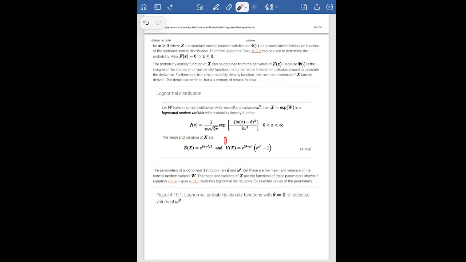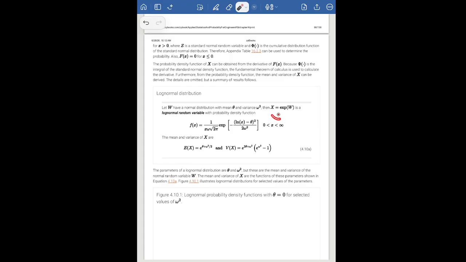You're effectively putting a normal distribution through the ringer by having it be an exponential, e to the w in a certain sense.